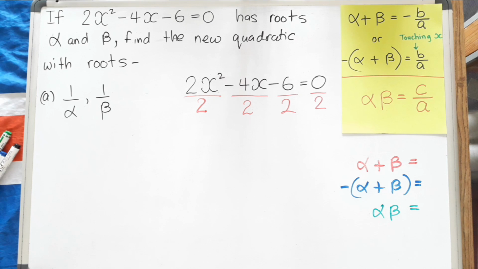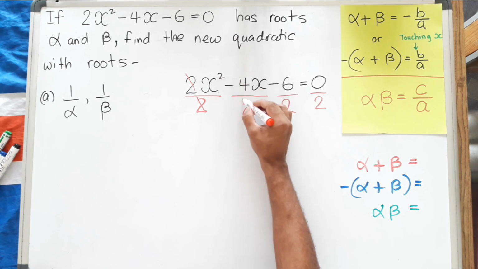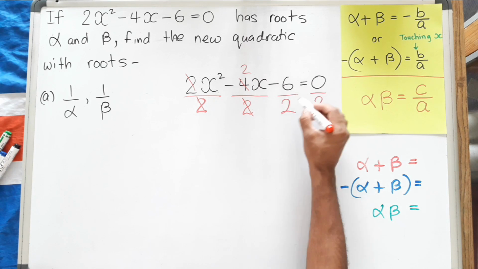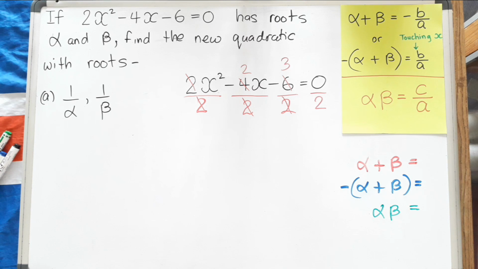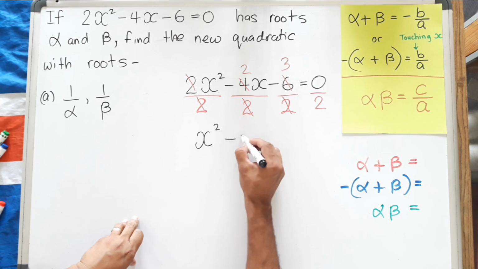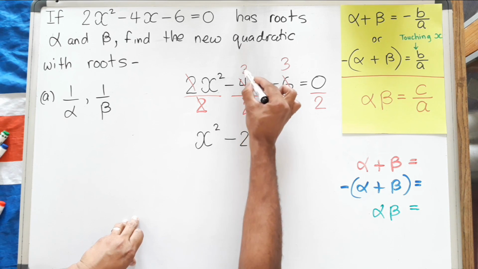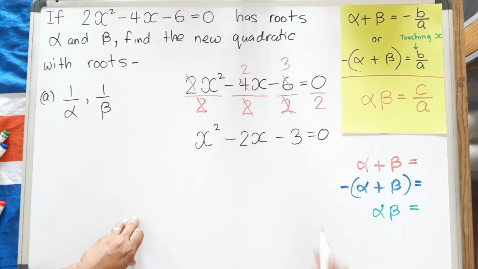But 0 divided by anything is 0. This and this will cancel out. We will get a 2 here, and we'll get a 3 here. So lucky for us, we did not get any fractions. So that means we end up with x squared minus 2x minus 3 is equal to 0.